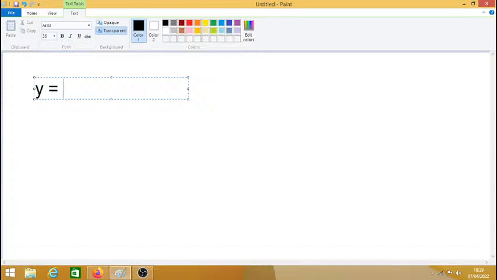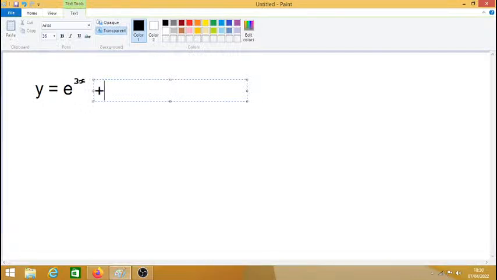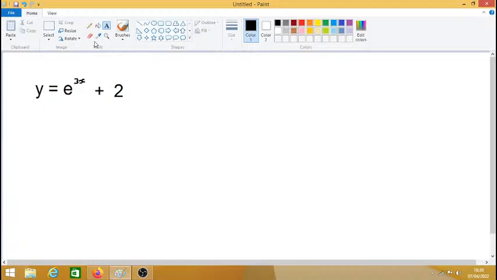In this question, we've got the equation y equals e to the 3x plus 2 to the power 3x, and that's what you want to differentiate.